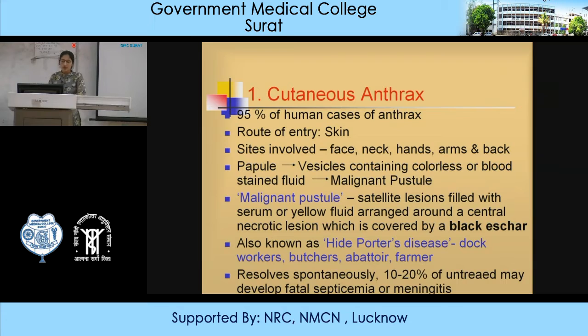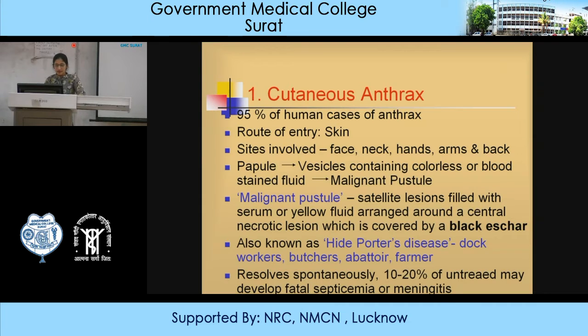As the name suggests, the route of entry is the skin. The sites basically involved are the exposed parts of our body like the face, arms, back, neck and hands. In cutaneous anthrax, papules form first, then these papules become vesicles containing colorless serum-like fluid or sometimes blood-stained fluid. When blood-stained fluid is present within the vesicles, they are known as malignant pustules.